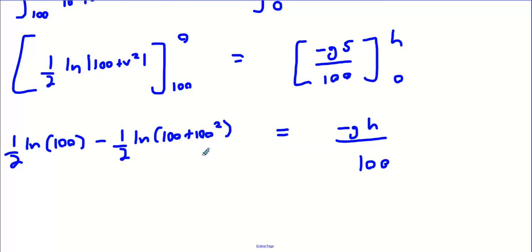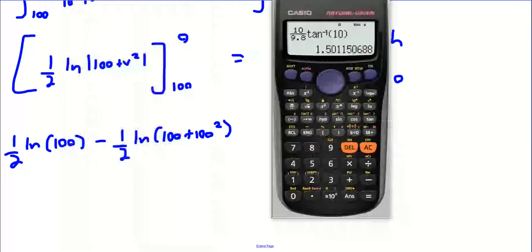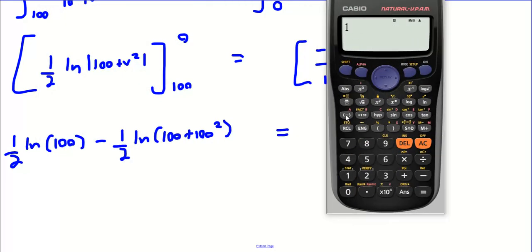Now, I'd be inclined to lob all that into the calculator straight away. It doesn't say I have to have the answer in any specific form, so ln 100 minus a half. No point wasting time rearranging it and making it look fancy. Plus 100 squared.